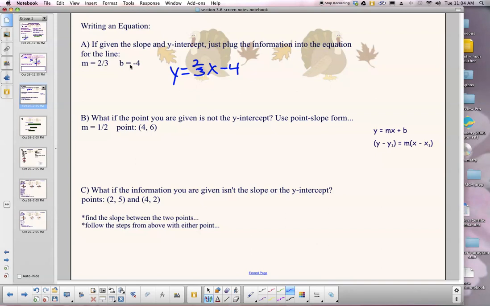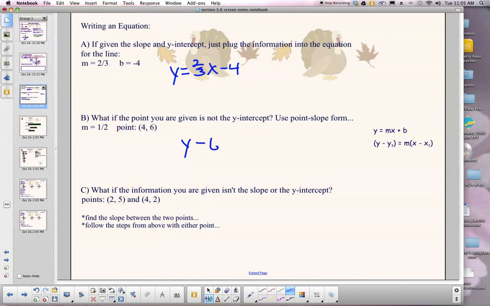So if you're given the slope and the y-intercept, simply plug it into the equation. Well, what if you're not given the y-intercept? If you're not given the y-intercept, you're still given the slope and a point, but notice it's not the y-intercept, then it's easier to use this other equation. Okay, so you're going to write y minus, and then this is your y1 value, the y-coordinate of your point.